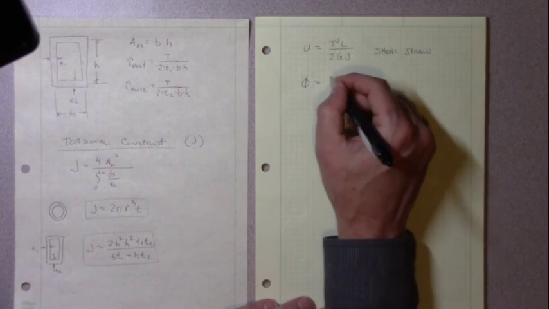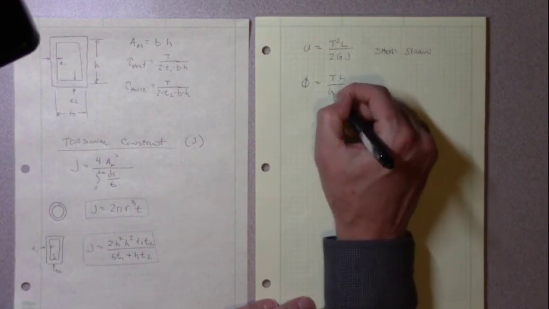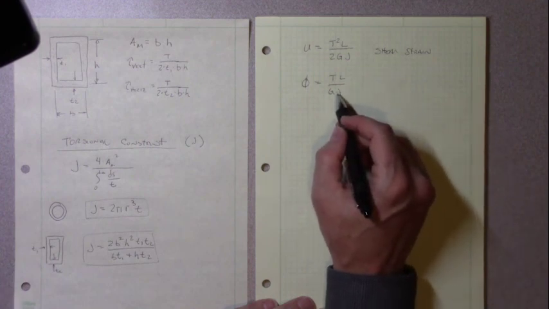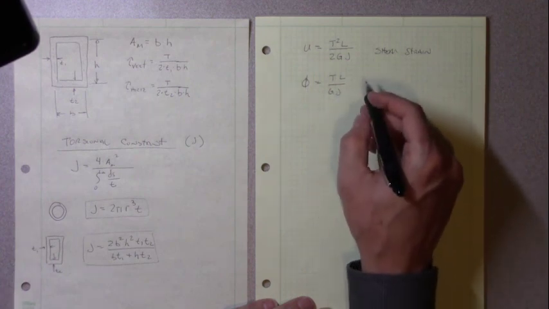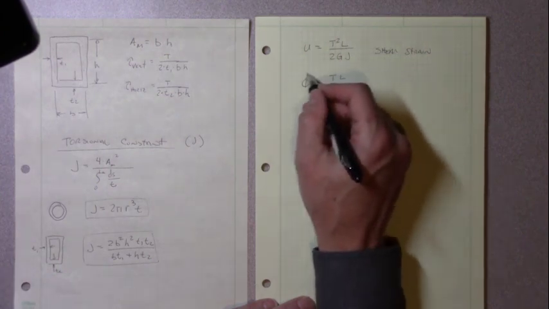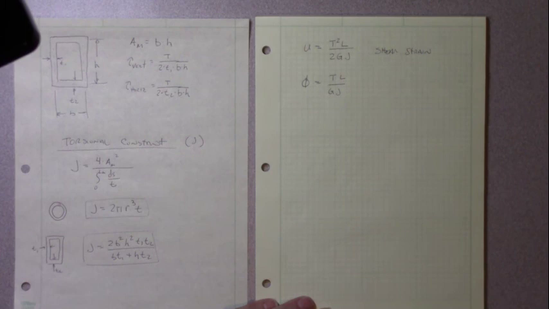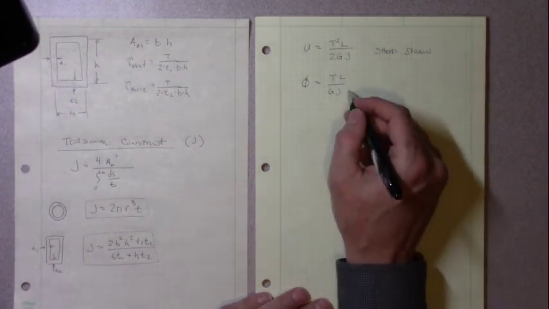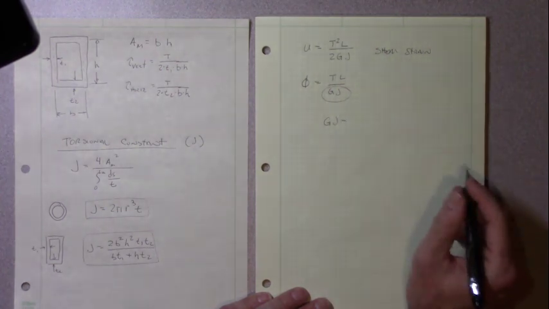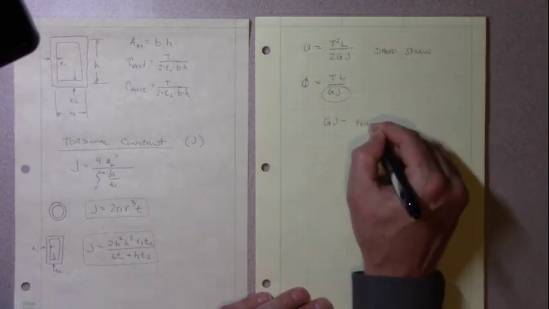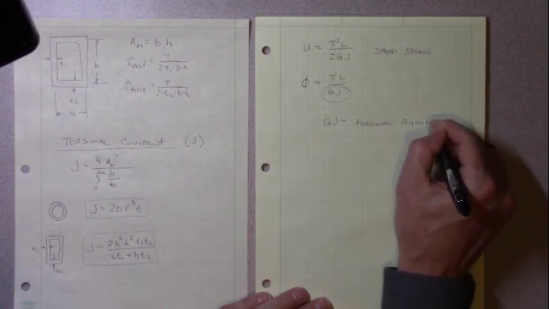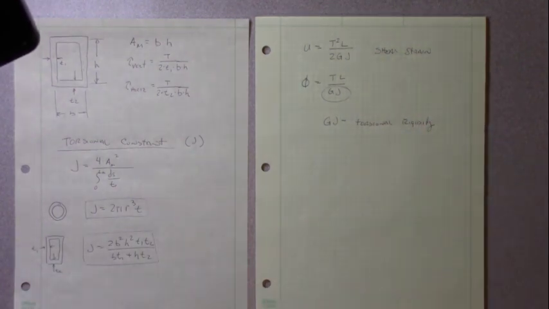That's going to be equal to TL over GJ. This is our torsional equation that we've used in the past to determine rotation. So it looks exactly the same, we just need different J values. And again, when we look at this, the denominator GJ is still our torsional rigidity. That takes care of section 3.11.